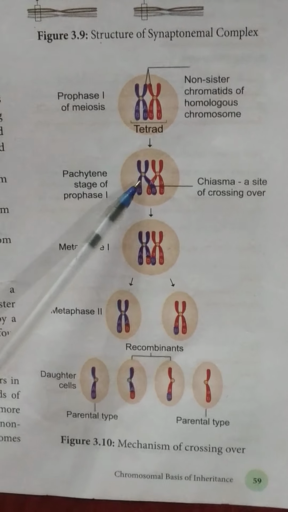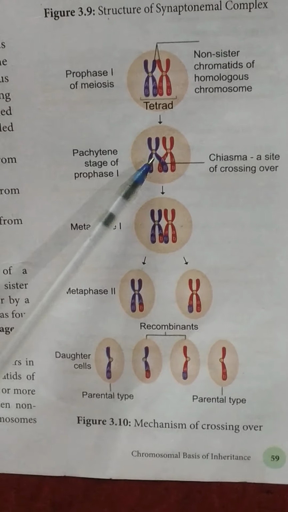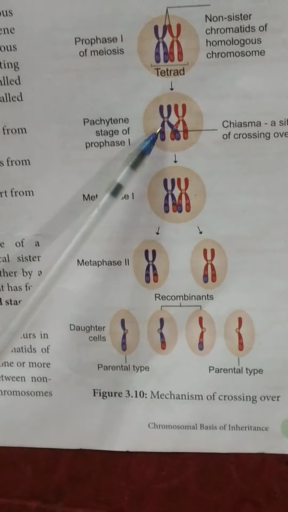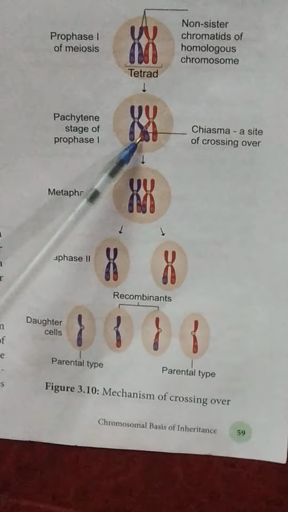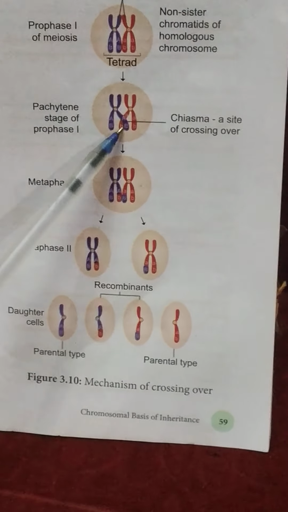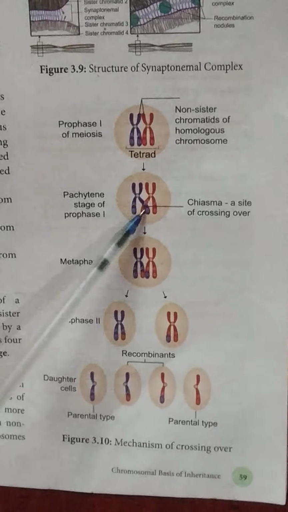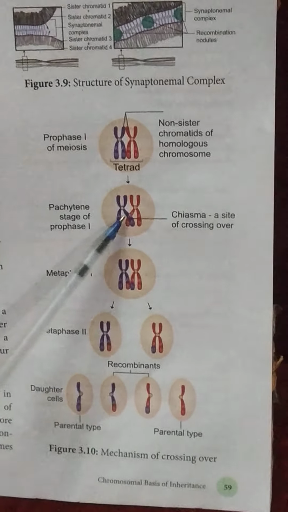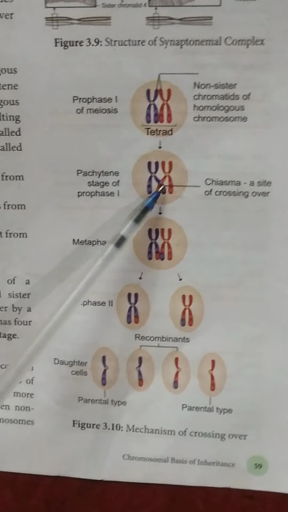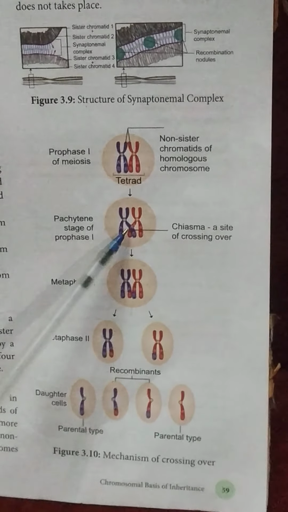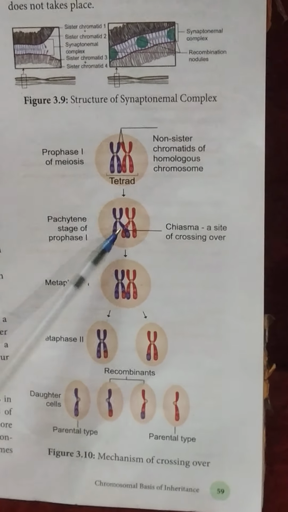And the third stage is called crossover. The crossover takes place during the Pachytene stage of the prophase, where you can see the exchange of the chromosomal segments between the non-sister chromatids by forming a chiasma, or chiasmata. Chiasmata is a point of contact where the non-sister chromatids are in contact.